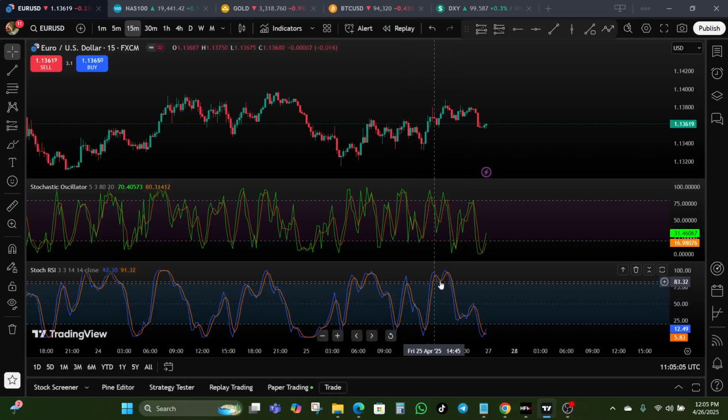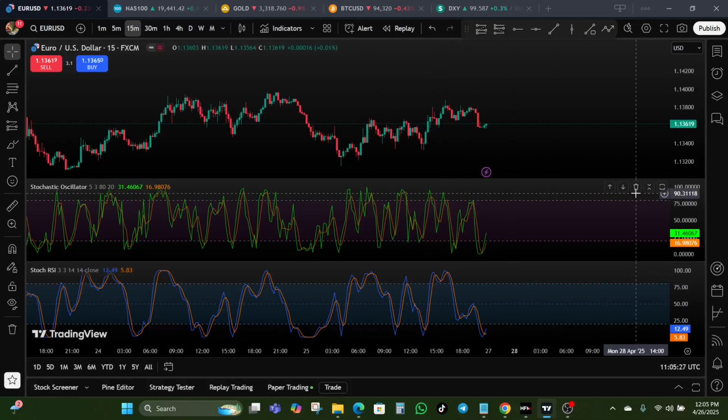You can see that the indicator tries to refine signals. It's not very fast in jumping down from the overbought like what happened here, or jumping up from the oversold. It tries to give you more precise signals. However, it is not 100% accurate.